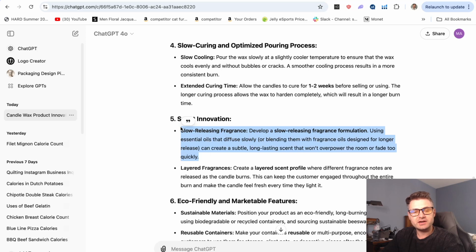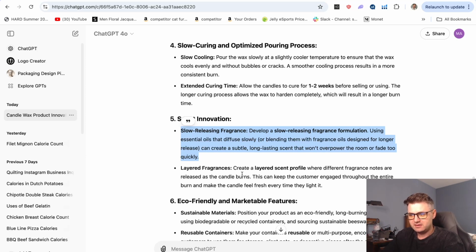And then here's another idea it just gave me. Offer a slow releasing fragrance formulation using essential oils that diffuse slowly. That would be cool as a longer lasting candle, to not have the fragrance come out immediately. It's being very gradually released, right?